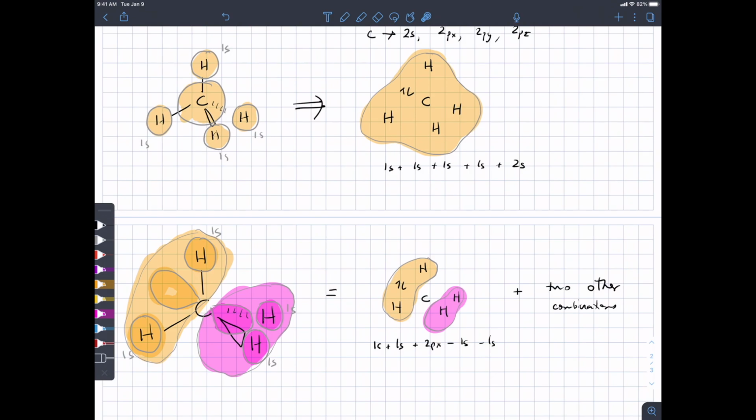Also note that this orbital with a single node between hydrogens and carbon, or at the carbon nucleus, is higher in energy than this orbital that doesn't have a node at carbon. That's because the wave function slope changes more slowly here, and kinetic energy is therefore lower.